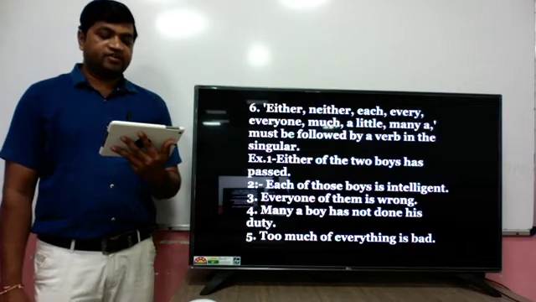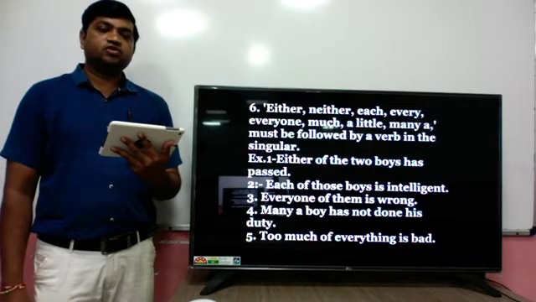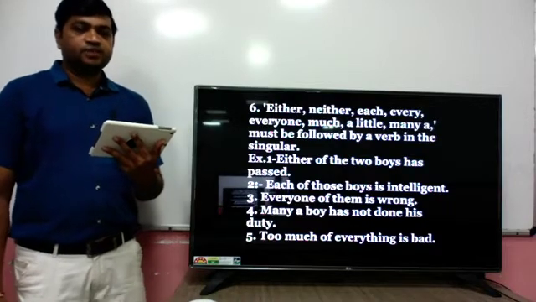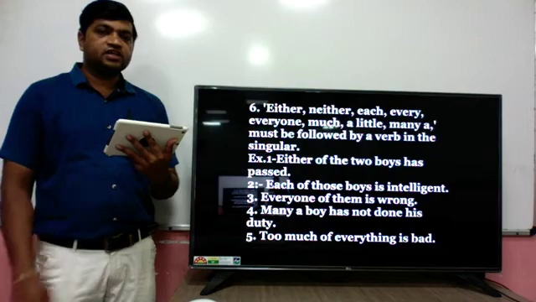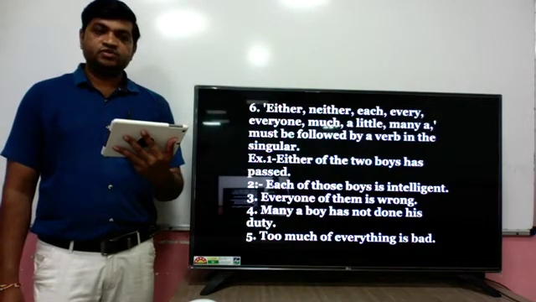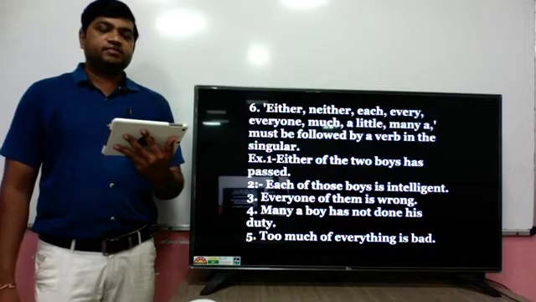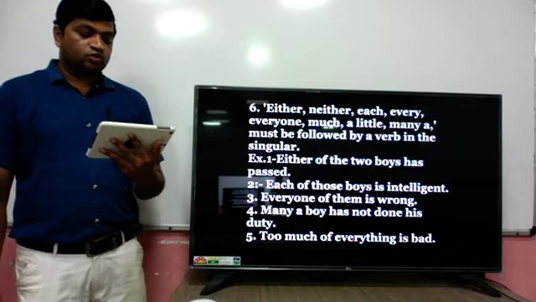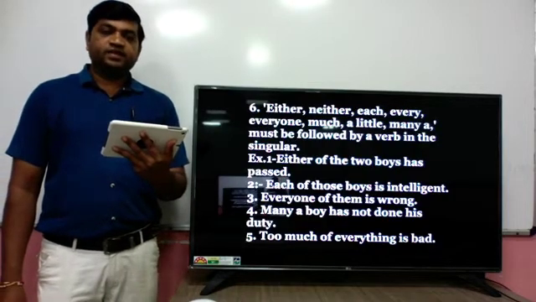Second sentence, everyone of them is wrong. Here also, a group is there, but we are talking about every one, a single person. Then, many a boy has not done his duty. Many boys are there, but we are talking about many a boy, a boy. Okay. So, too much of everything is bad.